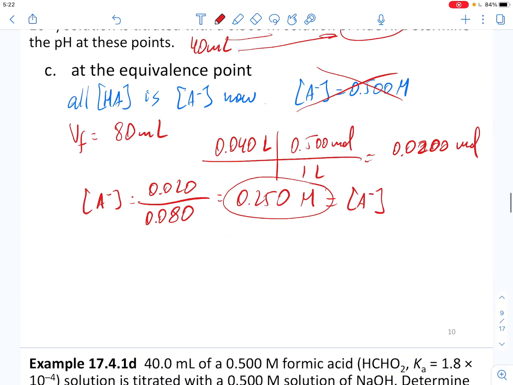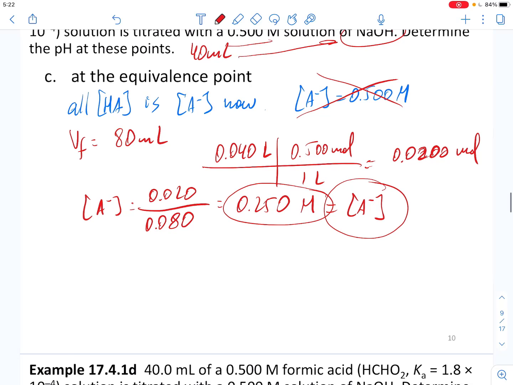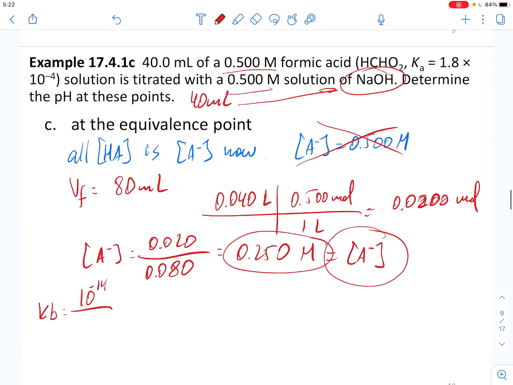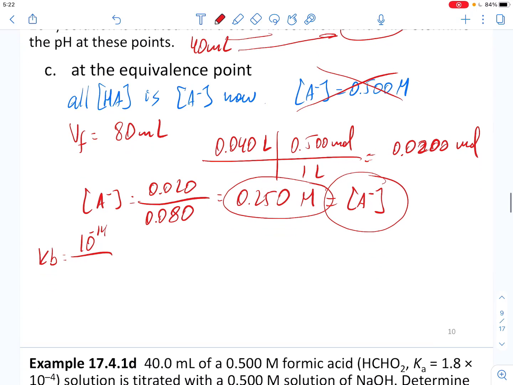Since we are looking at the equilibrium of the conjugate base, now we need Kb, and Kb is equal to 10 to the negative 14 divided by our Ka, which is 1.8 times 10 to the negative 4, and this is equal to 5.6 times 10 to the negative 11.